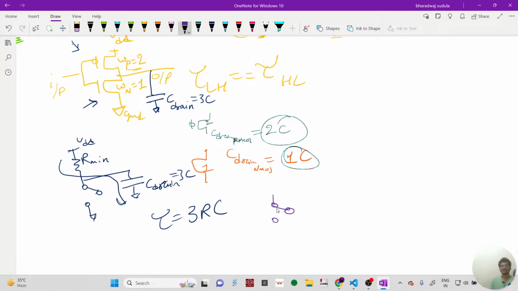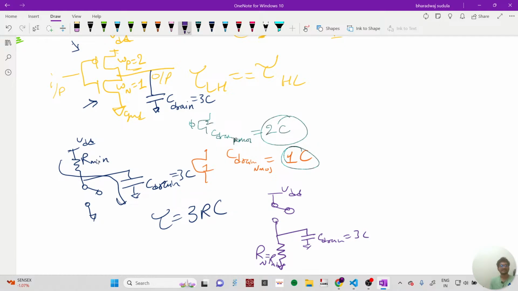And it's the same for discharging as well. This will be turned off, and this is the drain cap, which is 3C. It doesn't change, it's constant. This is actually Rn, but we have sized the NMOS and PMOS in such a way that it equals Rmin. Rmin is the basic resistance, which we can consider as the resistance of NMOS as well.